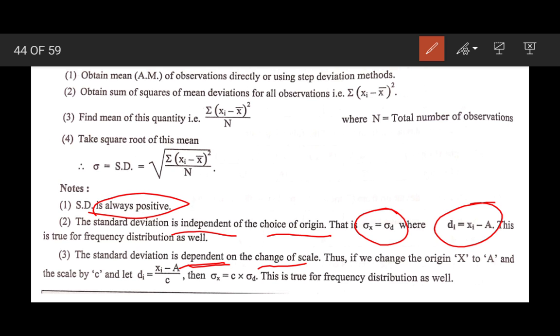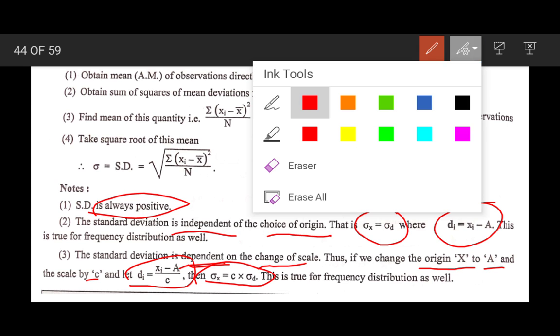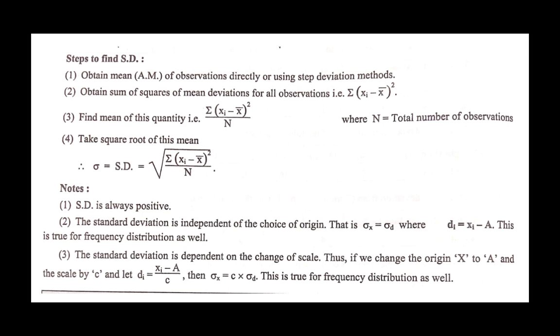So if we change the origin to a and the scale by c, and let di be equal to (xi minus a) upon c, then sigma x will be the same as c into sigma d. So these are the important notes about standard deviation.